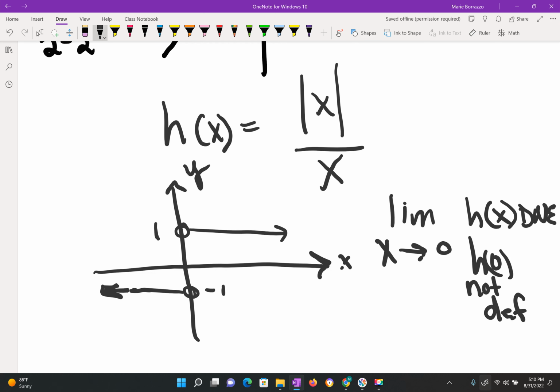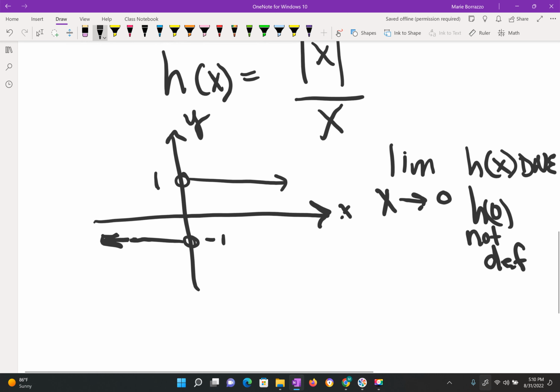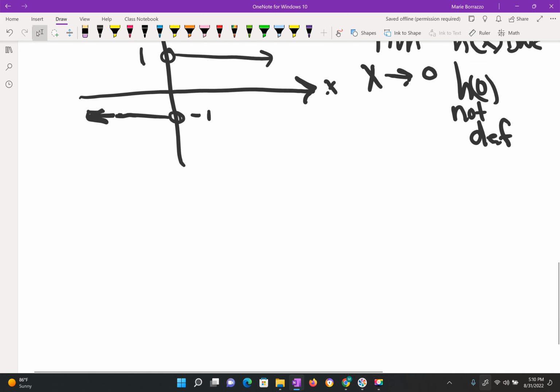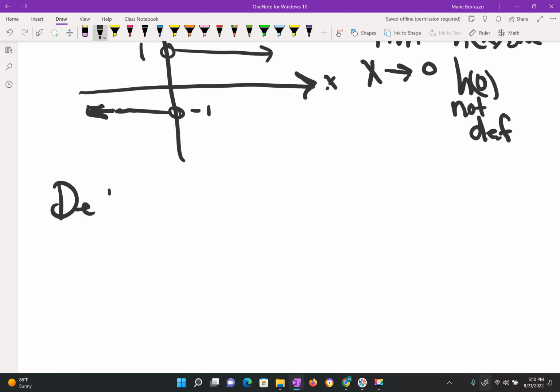Okay, so let's wrap continuity up in one big little subset of possibilities. By default, the book defines continuity. So this is a definition of continuity.